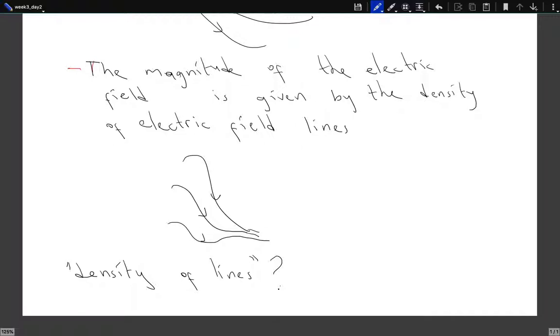Well, let's look at a particular case. Let's say I have these electric field lines. Intuitively, when you look at the figure, you will say that, okay, the density is larger over here, it is smaller over there. But we have to be more quantitative. So your friend had said that it is the number of field lines per area.